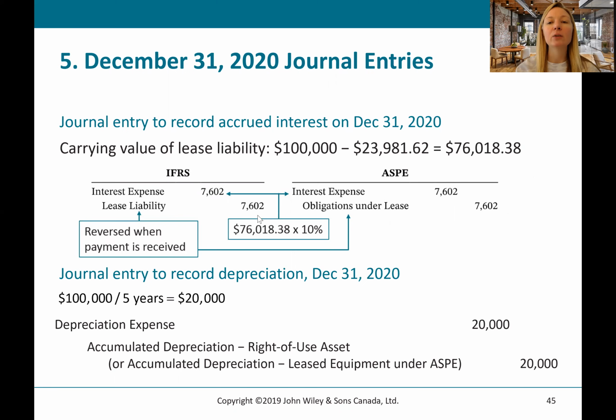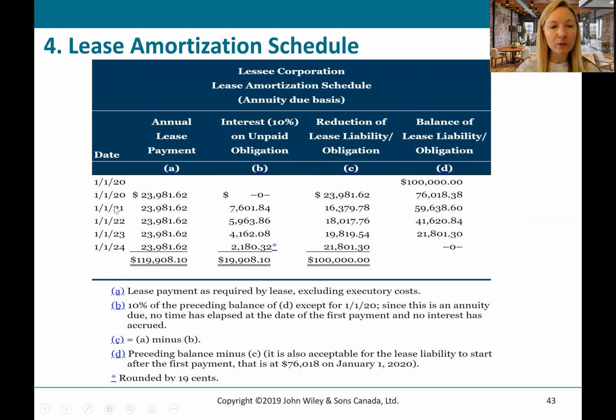So we need to accrue the interest on our lease liability, which is straight from our table. So we've got our carrying value of the lease liability. Let's take a look at our table here. So December 31st, I guess here.